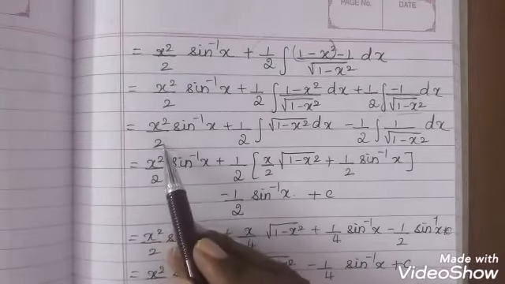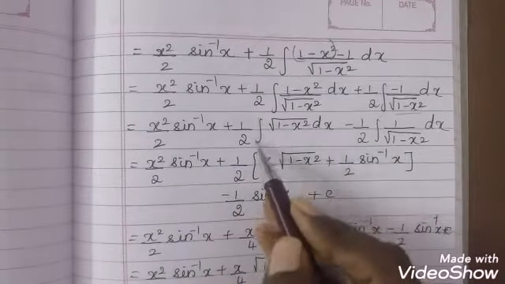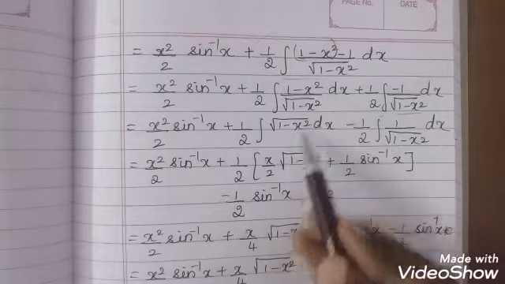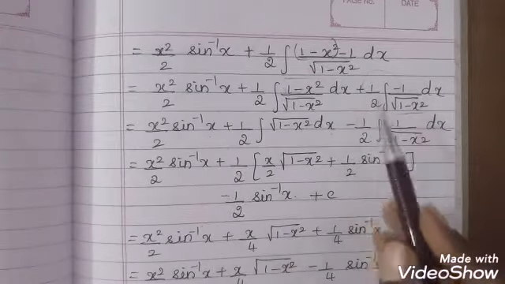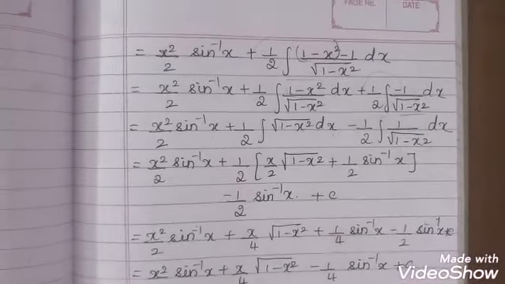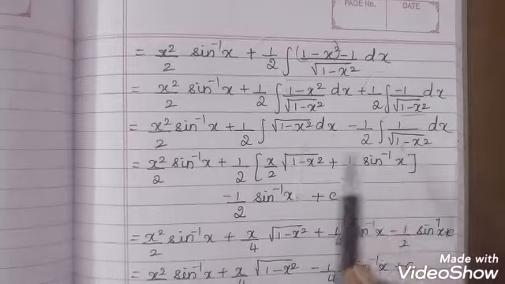This is equal to x squared by 2 into sine inverse of x plus 1 by 2 into integral of, when you rationalize this, square root of 1 minus x squared dx. Plus into minus is minus 1 by 2 into 1 by square root of 1 minus x squared. So in both places I will be using formulas.